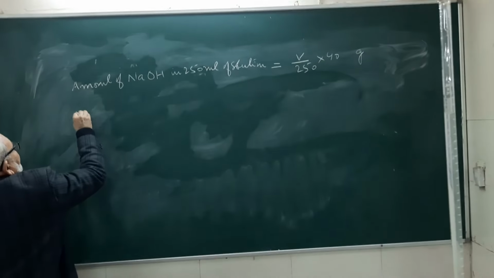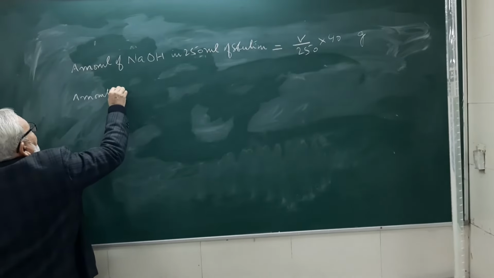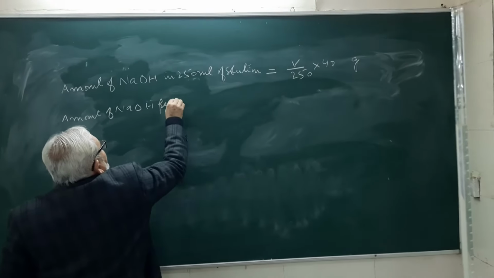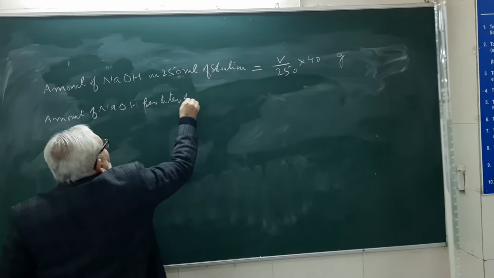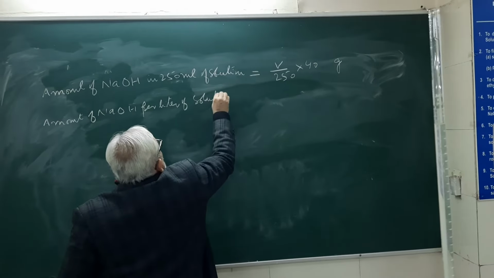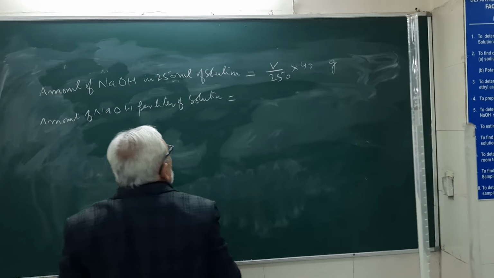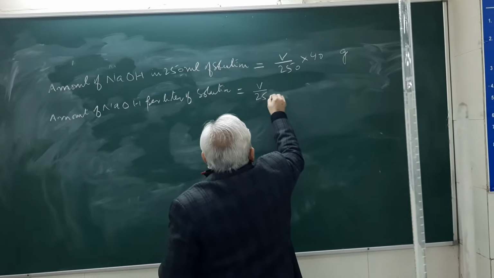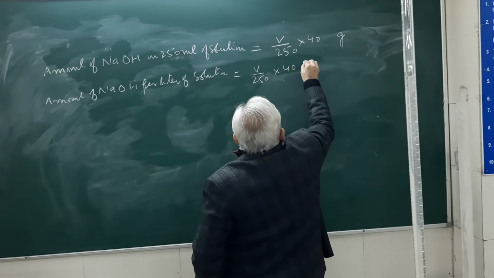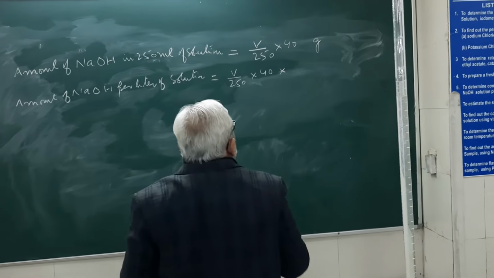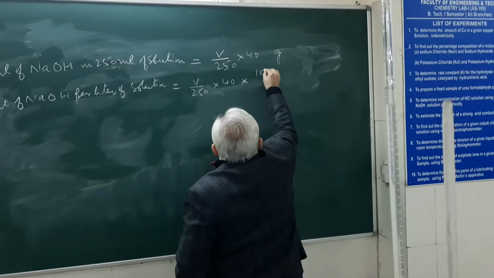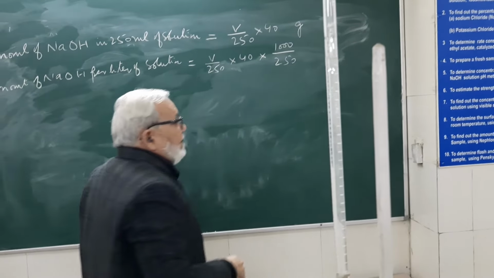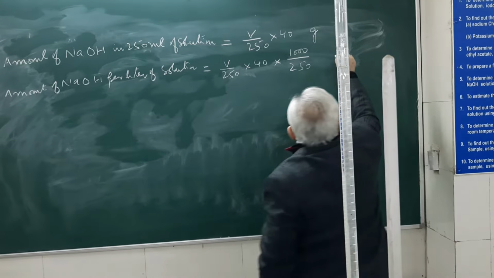So the amount of NaOH per liter of solution will be equal to V upon 250 into 40 into 1000 divided by 250 grams per liter.